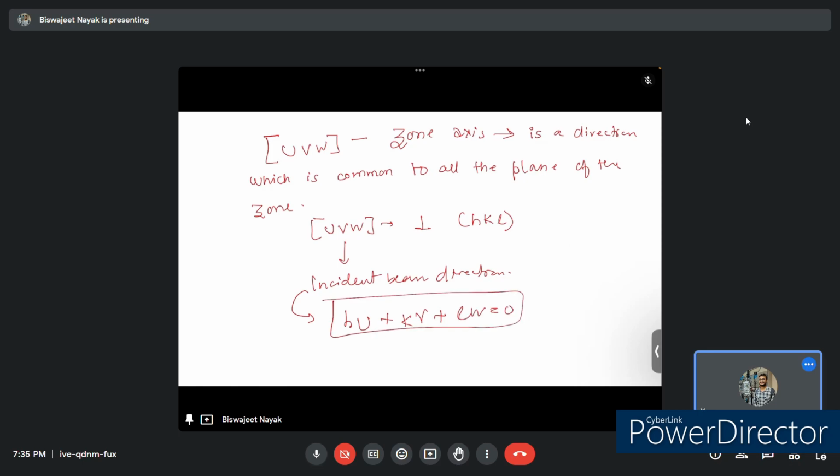This is called, as we have seen in the last class, the Weiss zone law. So if there are many planes close to Bragg orientation, there will be a lot of spots from different planes. If you consider the practical aspect of diffraction pattern formation, there are two complementary ways.